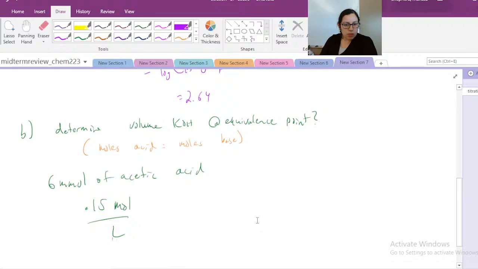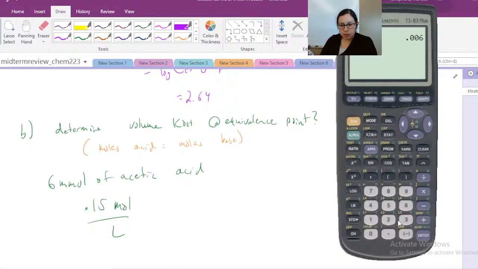So if I want 6 millimoles, then we divide, and just like you said, we get 40 milliliters.